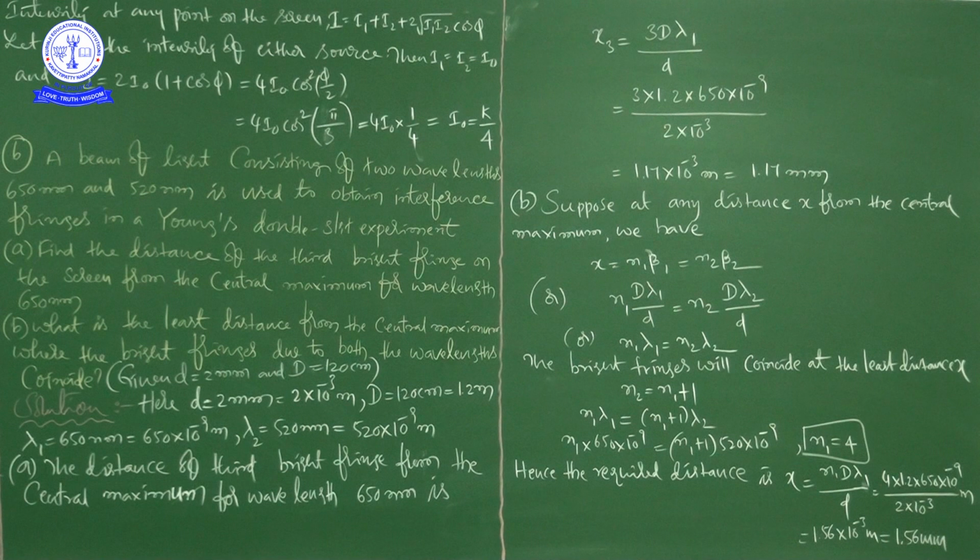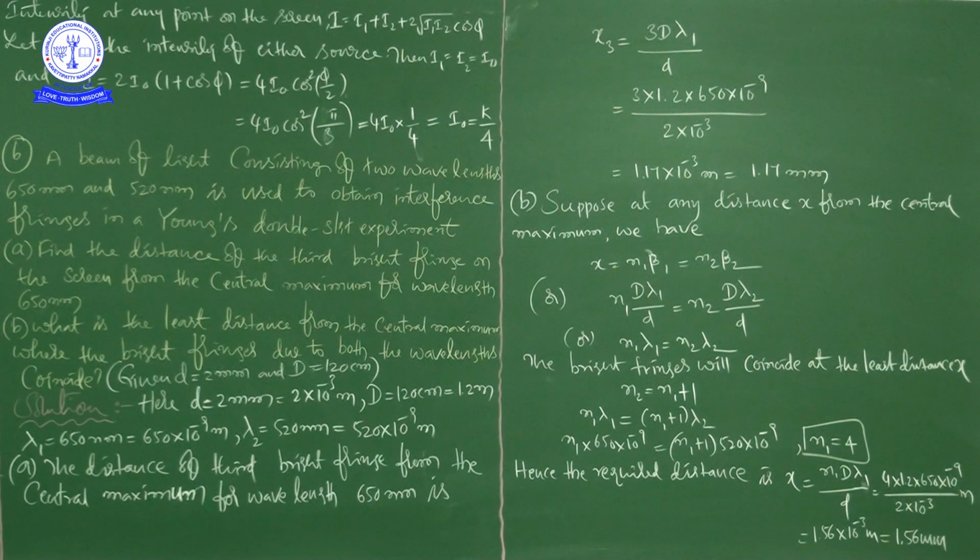Next, the bright fringes will coincide at the least distance x if N2 is equal to N1 plus 1, right? So this value we are writing again here.